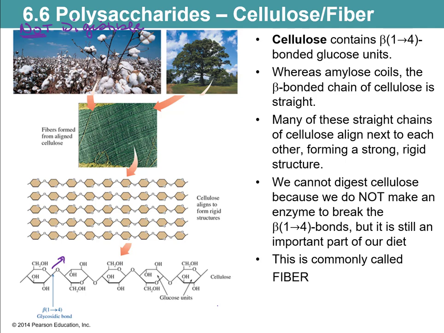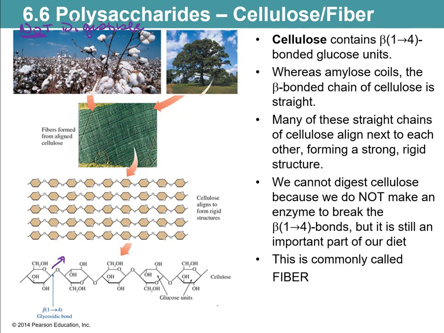So that makes it look like an upside down V, but it's actually not. It's actually angled correctly, but I just flipped the second glucose down. The third glucose is turned straight. So that's why it creates this totally straight line that allows chains of glucose to line up and create fibers.